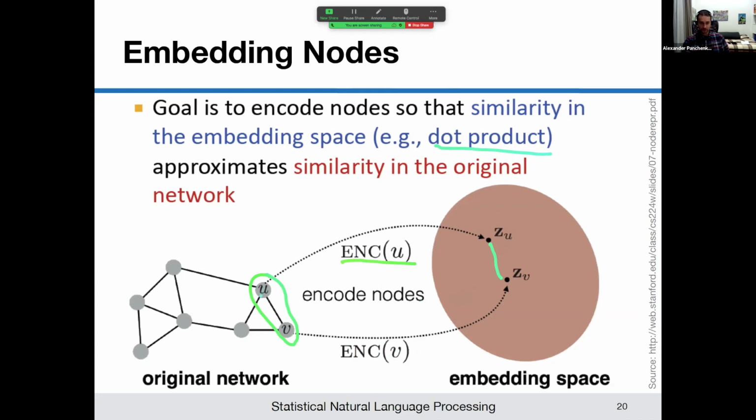So for each node, you're going to have a vector which would represent this node.